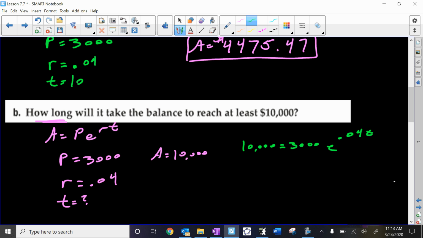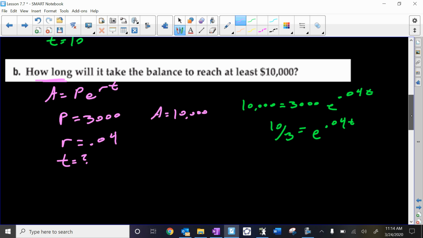This goes back to some examples that we did earlier, example 4 actually. We want to get e raised to all of this by itself, so I need to divide both sides by 3,000. 10,000 divided by 3,000 simplifies to 10/3, equaling e to the 0.04t.